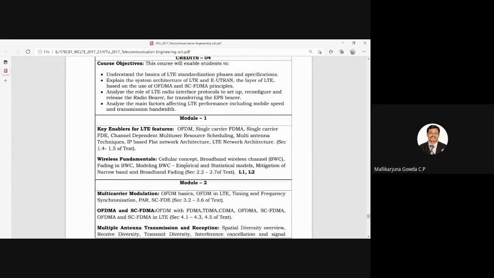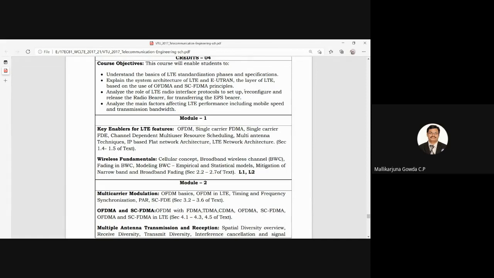As far as the objective of this course, as specified very clearly, you will be able to understand the basics of the LTE standard. You will be able to explain the system architecture of LTE with different layers, as well as multiple access techniques like OFDMA and SC-FDMA principles.